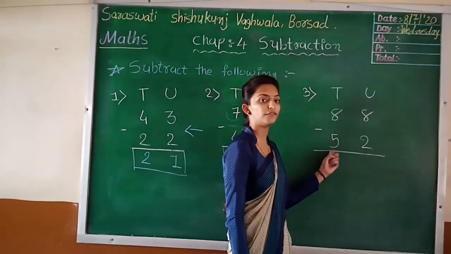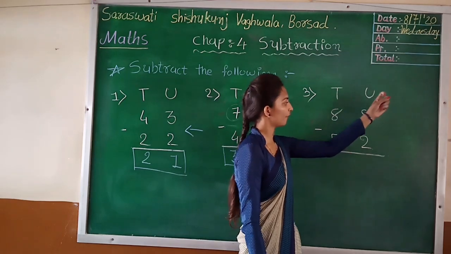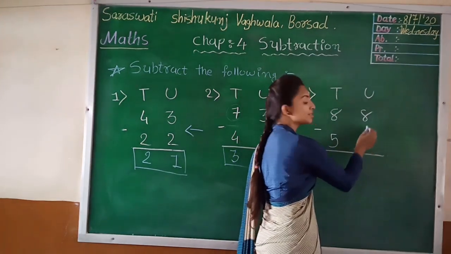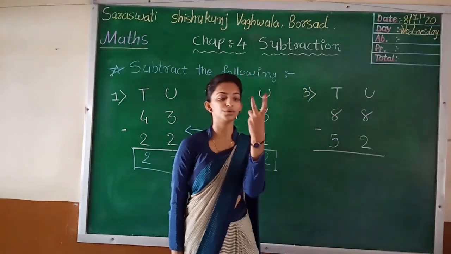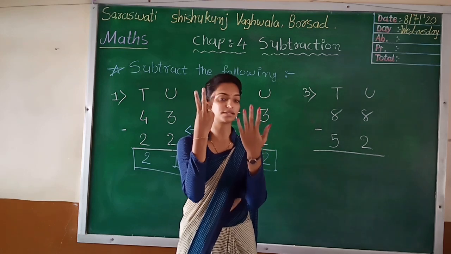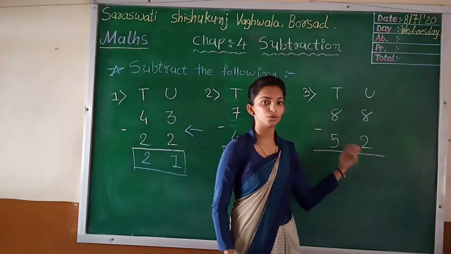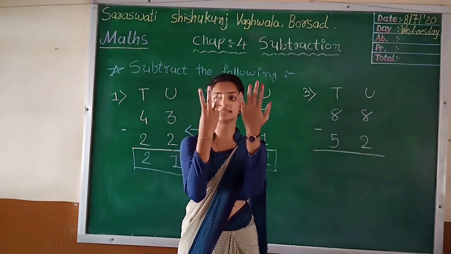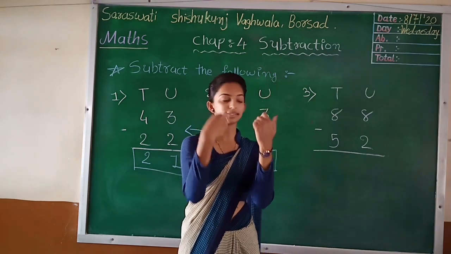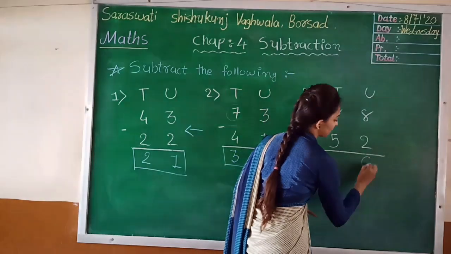88 minus 52. So first minus in unit place. Okay. 8 minus 2. 1, 2, 3, 4, 5, 6, 7, 8. Remove how many? 2. So remove 2 from this. 1, 2 removed. How many remain? 6. So write here 6.